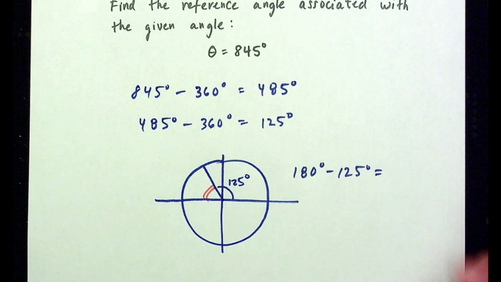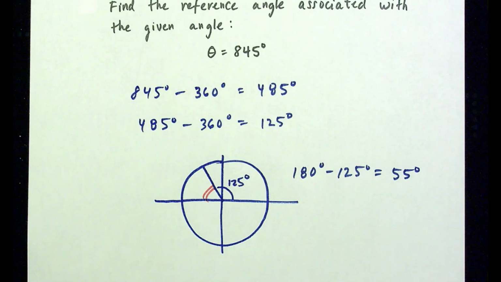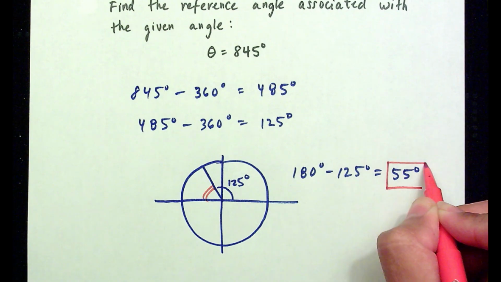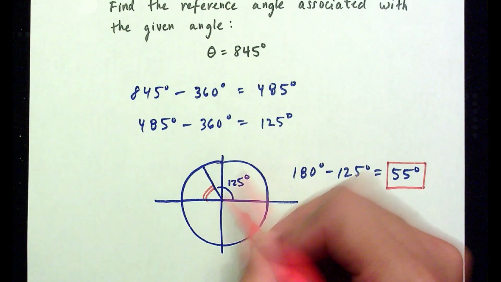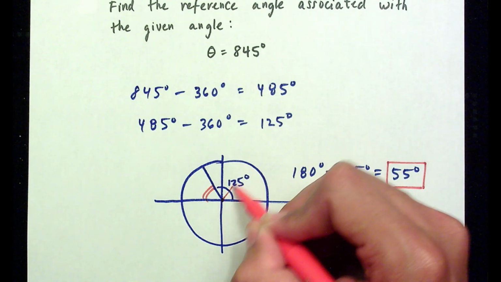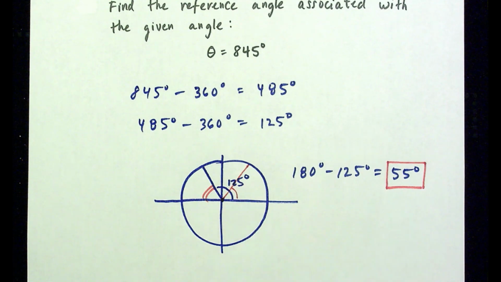And that is 55 degrees. So that is the reference angle. We typically draw reference angles in the first quadrant. And if you draw this reference angle, it will look just like a reflection right around here. Okay? So that would be 55 degrees.